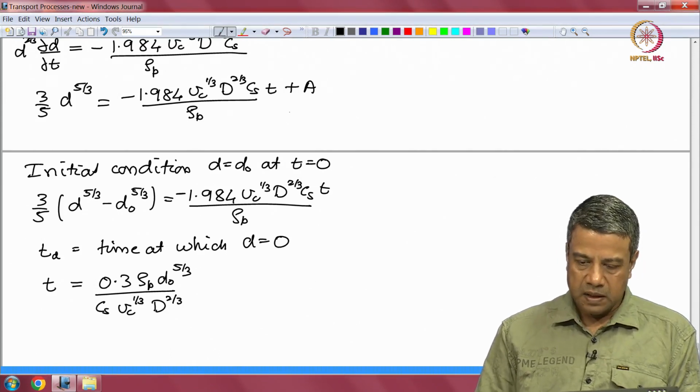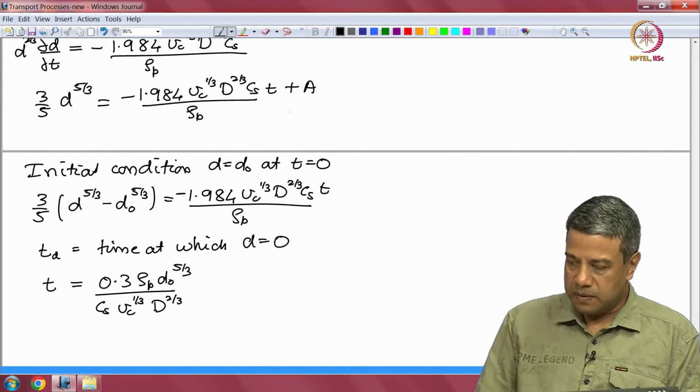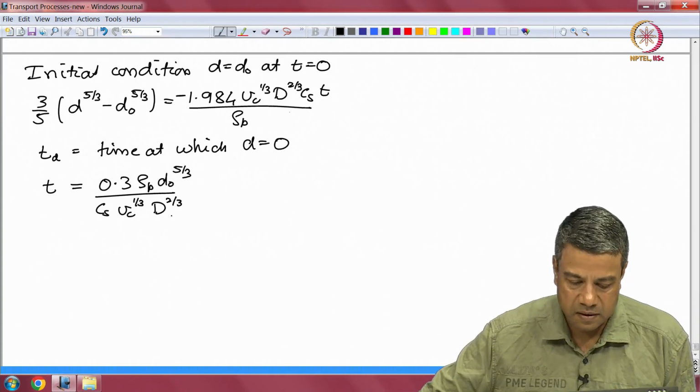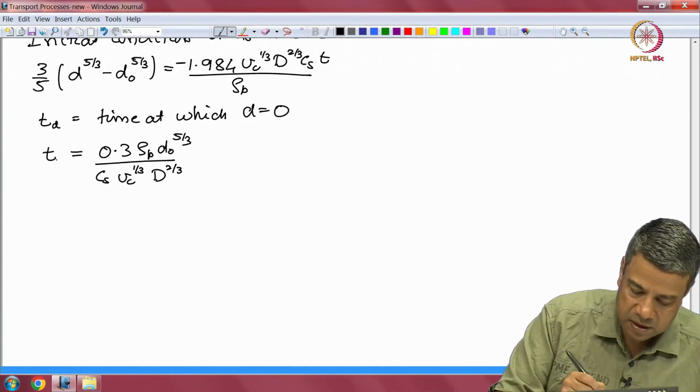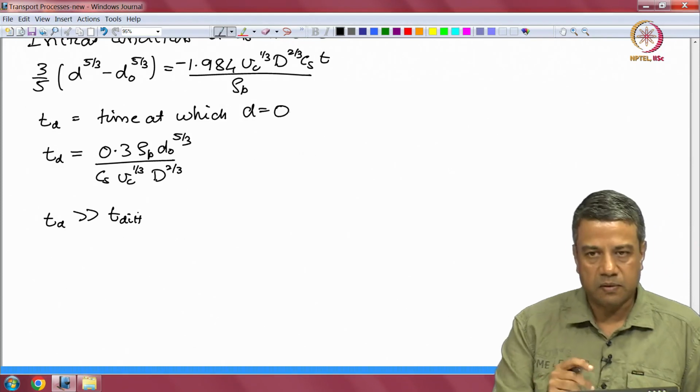Is this time much smaller or much larger than the diffusion time? So for this to be valid, you require that this dissolution time has to be much greater than the time required for diffusion.